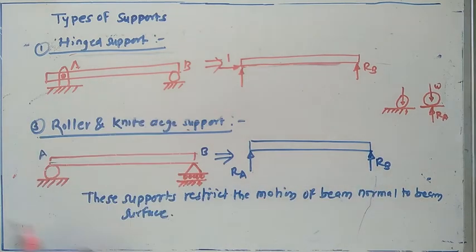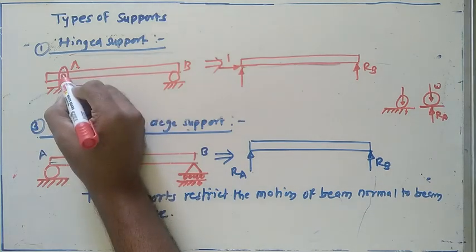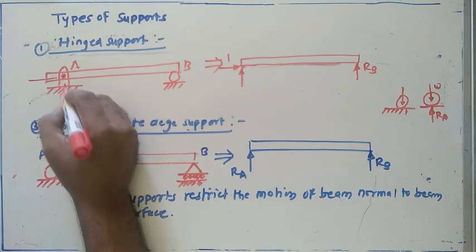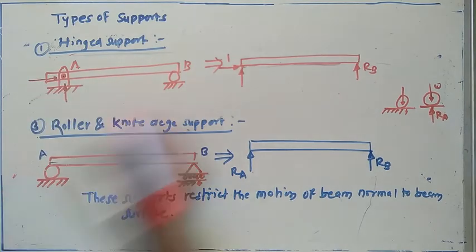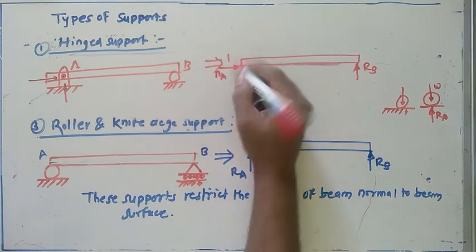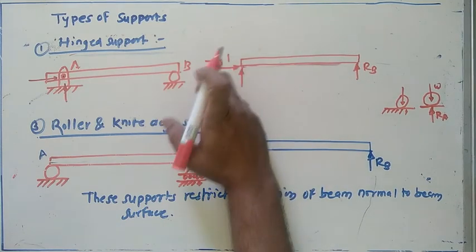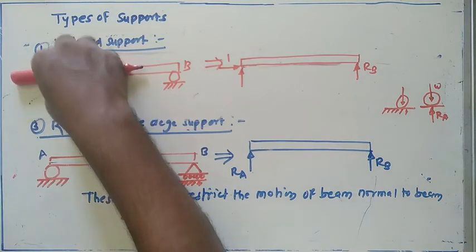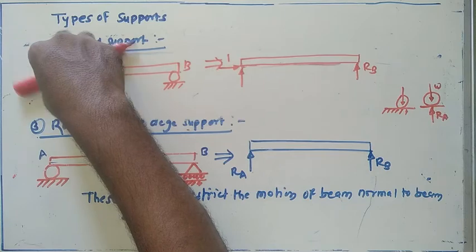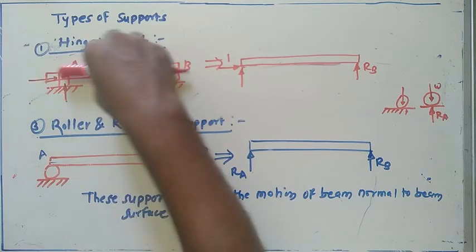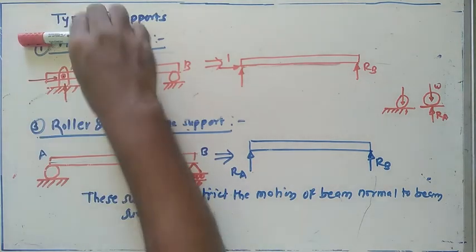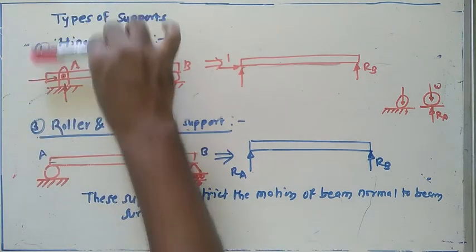What about the hinge support? In case of hinge support, the motion of this beam is restricted in the horizontal direction as well as in the vertical direction. That's why a horizontal reaction will come here. The horizontal motion is blocked; the hinge support is given here. It means the beam can rotate in this way, but it will not move either in the horizontal direction or in the vertical direction.